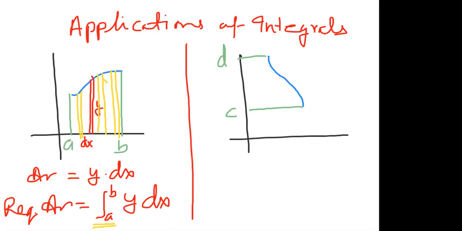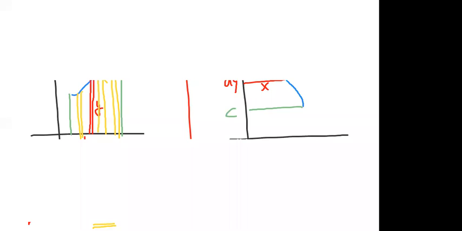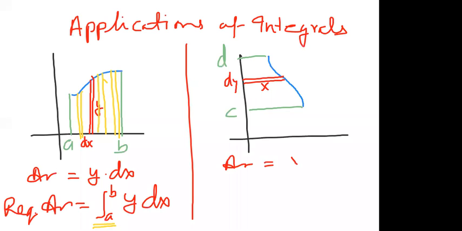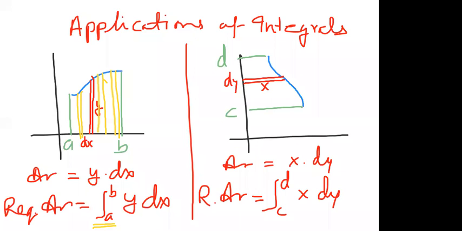Same way we can move to the y-axis one. So now the thickness on the y-axis will be dy, and the strip will be of length x. So its area will be x dy. So the total or required area is equal to, from point C to point D, integral of x dy.